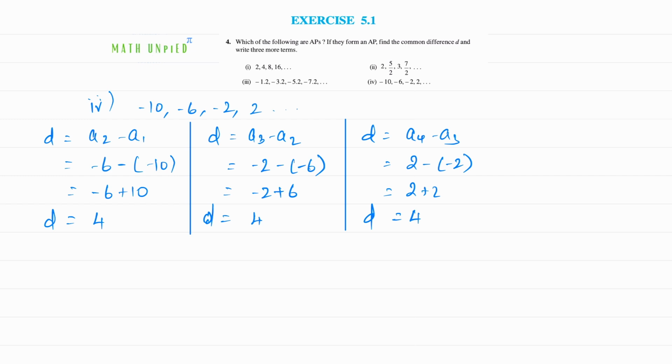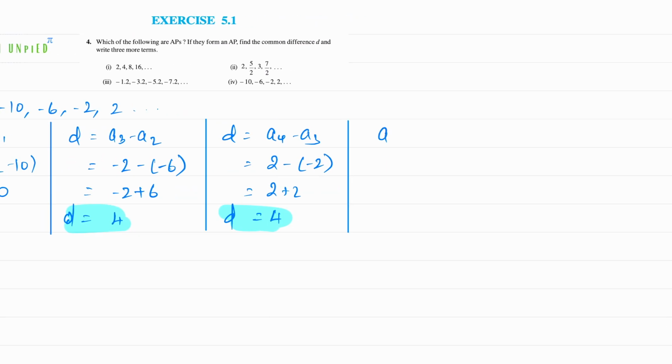So the common difference is 4, and since we know the common difference, we can calculate the next three terms of this AP. A5 equals A4 plus D, which is equal to 2 plus 4, that's equal to 6.